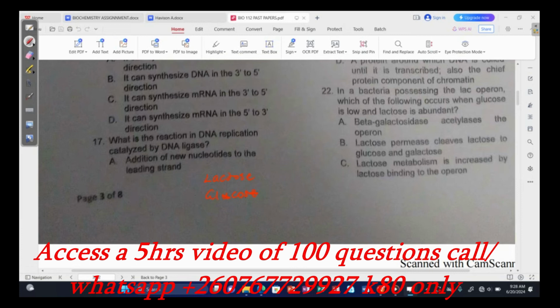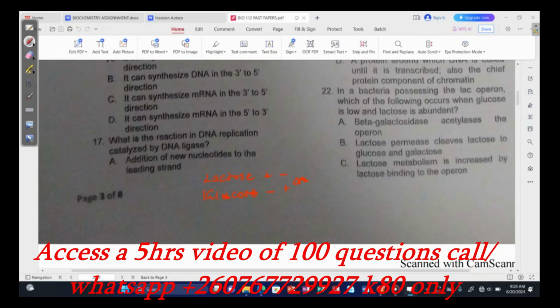So we start with the case where glucose is present and lactose is absent. In this case, the lac operon is going to be off. Why? It's because in the presence of glucose and absence of lactose, this bacteria is going to utilize glucose.